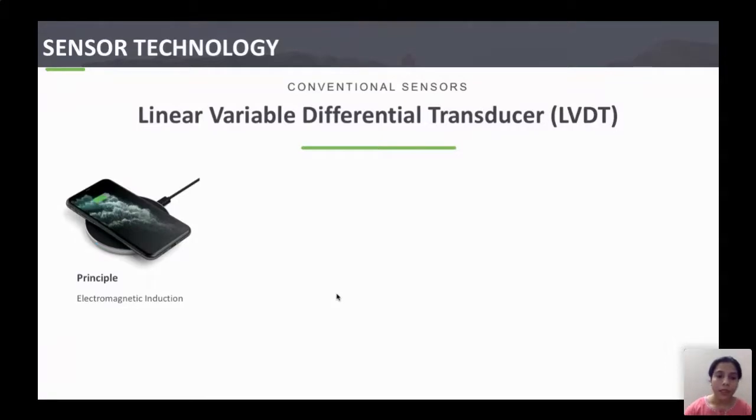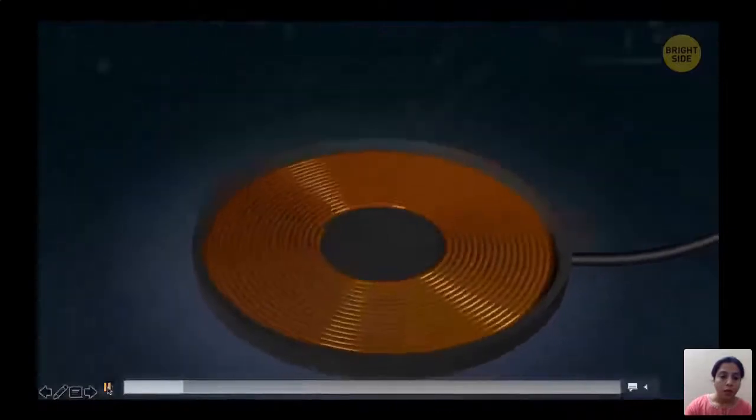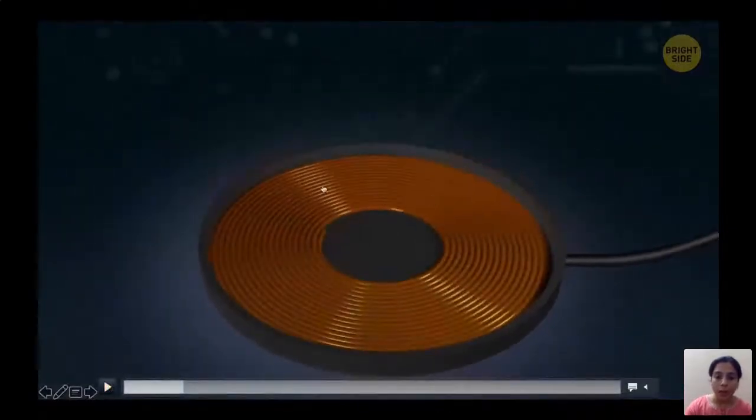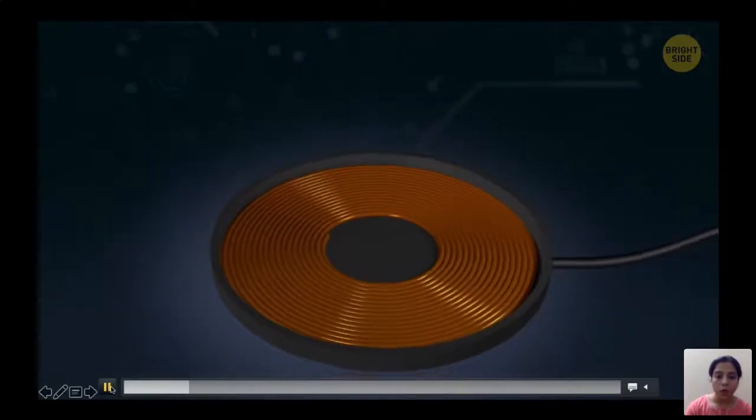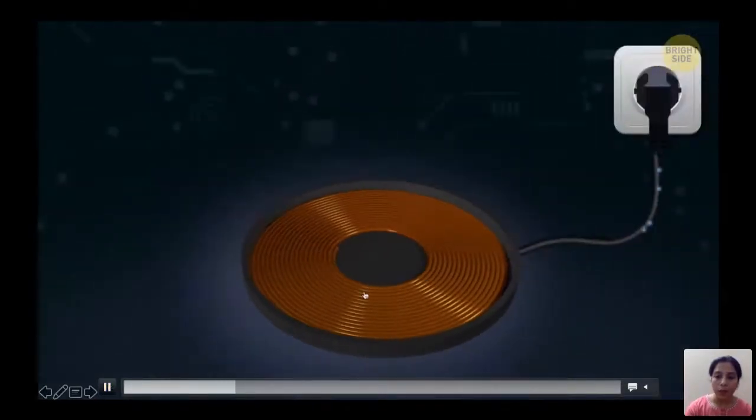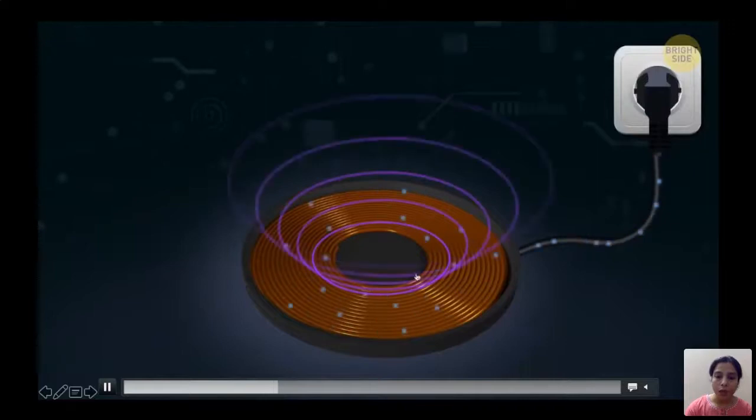So wireless mobile charging, let's see how it happens. In the charger, there is a primary coil. Okay? So this is the primary coil. When you give AC supply to the charger, the electrons will start moving around it, and it starts generating an electromagnetic flux. So this is the primary coil generating the magnetic flux.